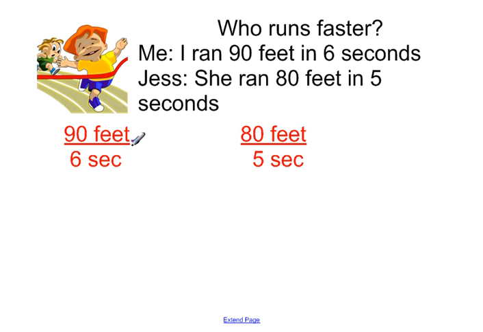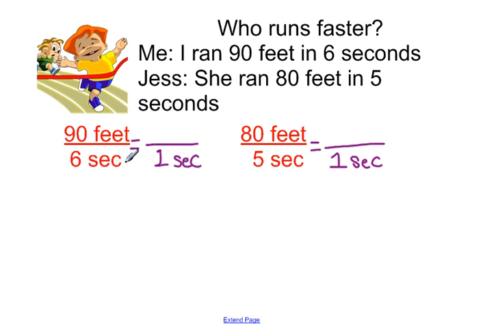So what I'm going to do is change this into a unit rate. Remember, a unit rate has a denominator of 1. And since we're talking about seconds, that's what will go on the bottom. I'm going to do the same thing over here. I need to change this into a unit rate that has 1 second on the bottom. And how would I do that here?